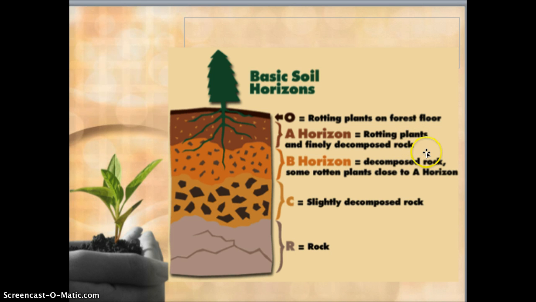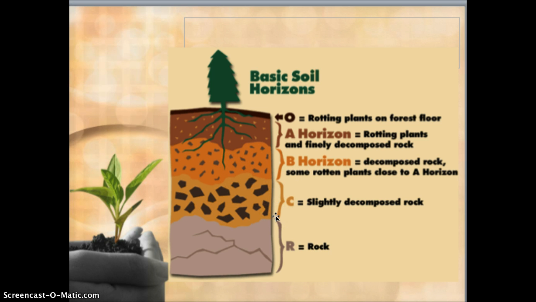The A horizon is where you have both rotting plants and finely decomposed rock together, and that's where most of the plant roots are going to be. The B horizon is where you have mostly decomposed rock, some rotting plants, still fairly close to the A horizon, but pretty much the roots end at this part.